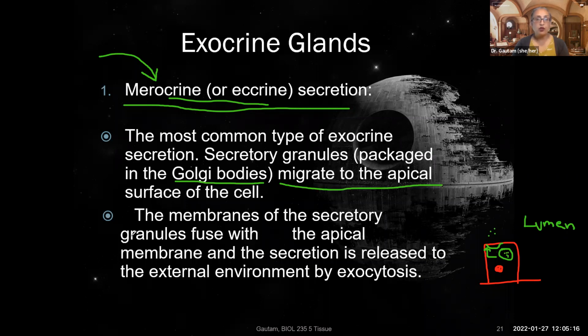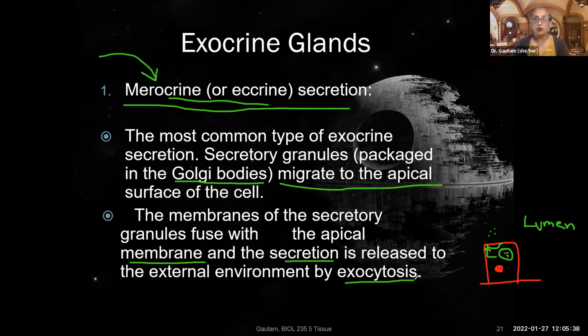The membranes of the secretory granules fuse with the apical membrane, just like how I drew, and the release results in the secretion of the components into the external environment. And this is just exocytosis. If exocytosis is something that you're not familiar with, now is a good time to stop and go look it up.